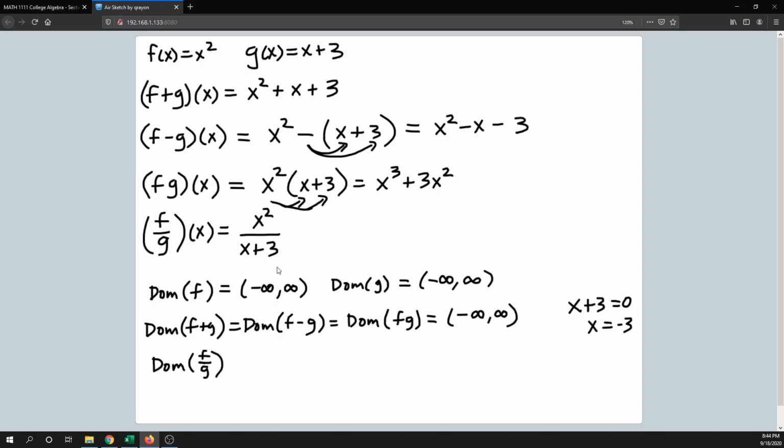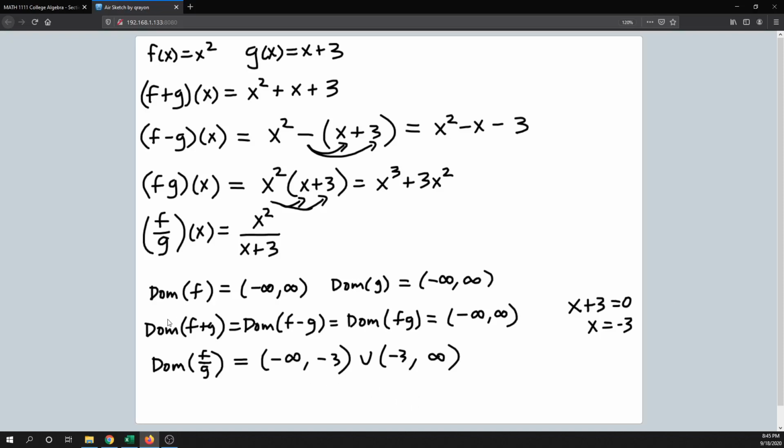So the domain of f divided by g will be what's common to both the domains of f and g, except negative 3. So everything except for negative 3 would look like this in interval notation. So those are the domains.